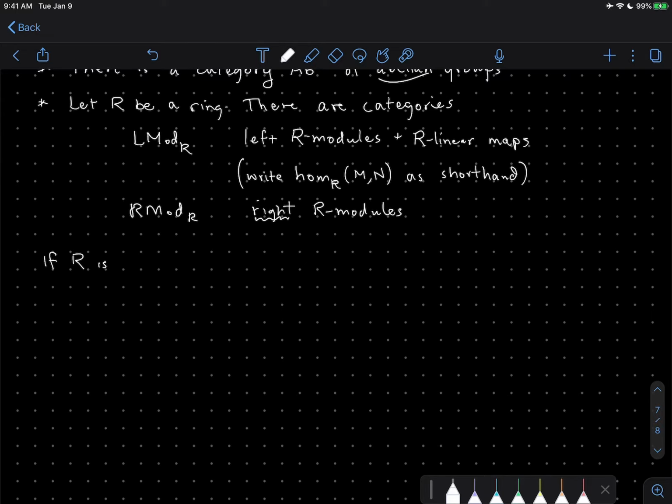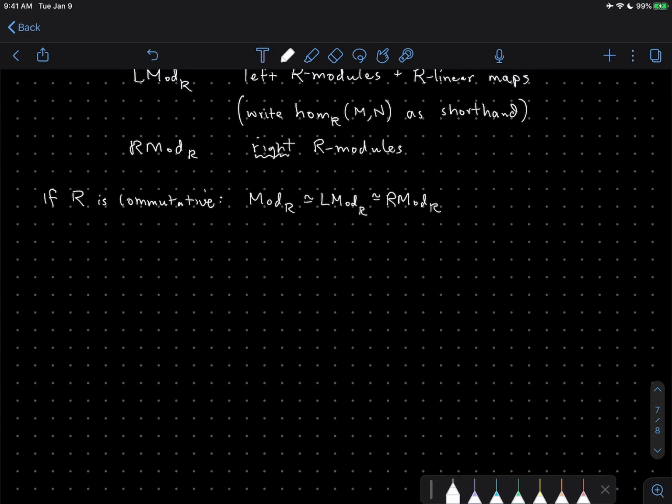If R is commutative, we have just mod R, which, in a sense that I will define rigorously soon, is equivalent to L mod R and R mod R. So left modules and right modules coincide over commutative rings, and this induces an equivalence of categories there.